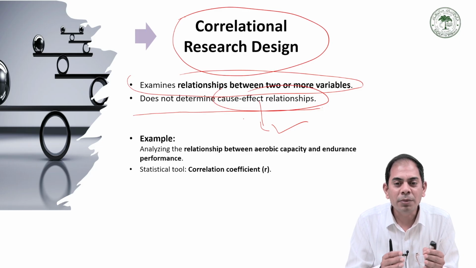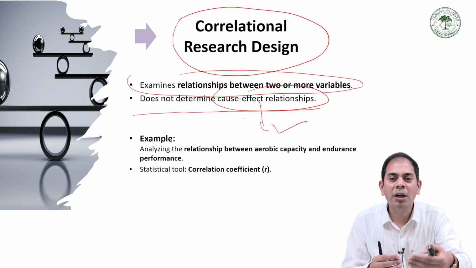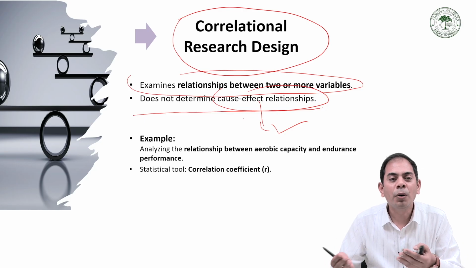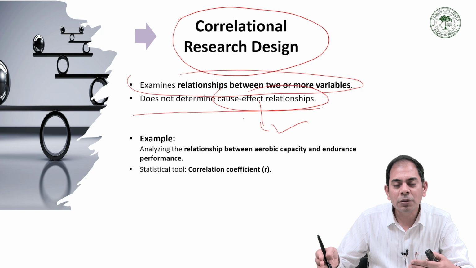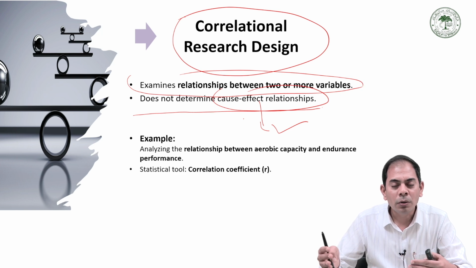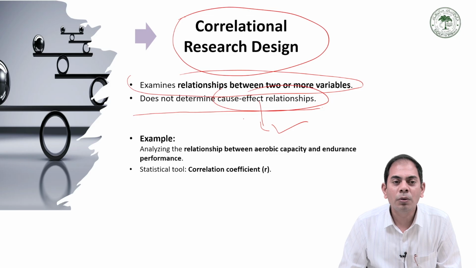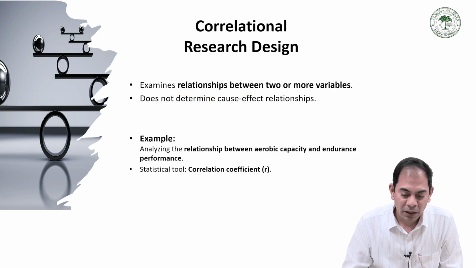So, a simple example: if you record the attendance record of students and their exam record, after that we try to find out the relationship. Does attendance affect the performance of the student or not, with a positive effect or negative effect? This type of research is called correlation research design in non-experimental research design.